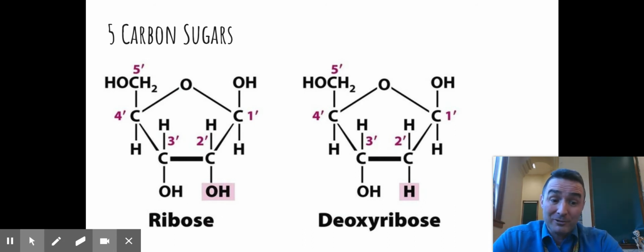Deoxyribose, you're just missing an OH. That's it. So there's nothing special. Okay, but you don't need to memorize this. You're going to be able to see this. But when you have DNA, you're using deoxyribose. When you have RNA, you're using ribose. Okay, but it's a 5-carbon sugar.